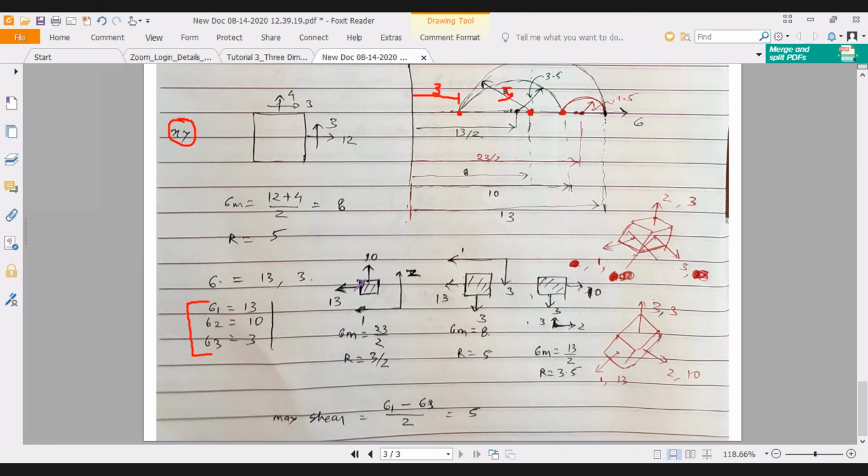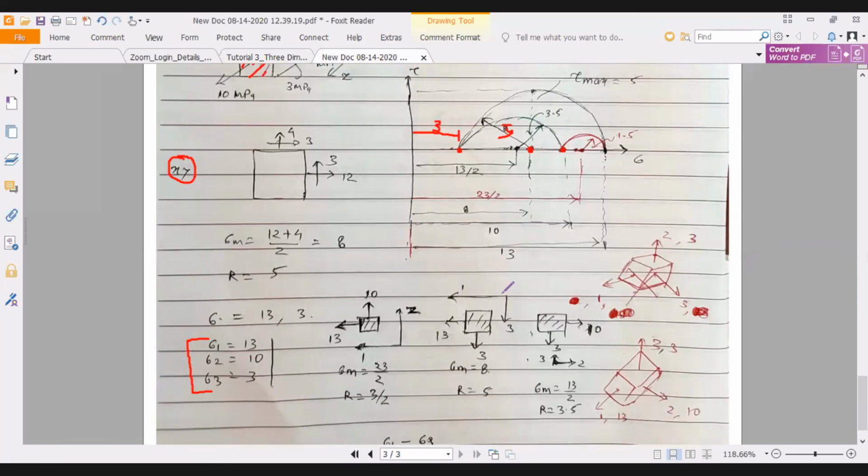Here they are represented. Corresponding to 10 and 13, we can calculate the mean and radius, and corresponding to 13 and 3, we can also calculate. You can use any two of these three.